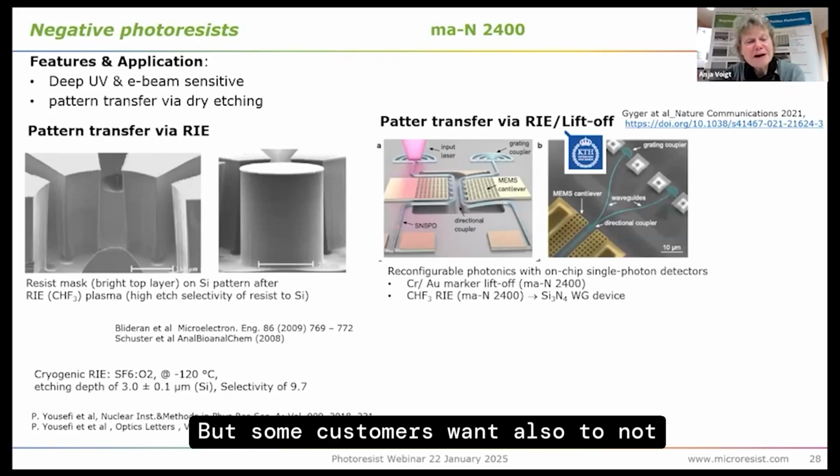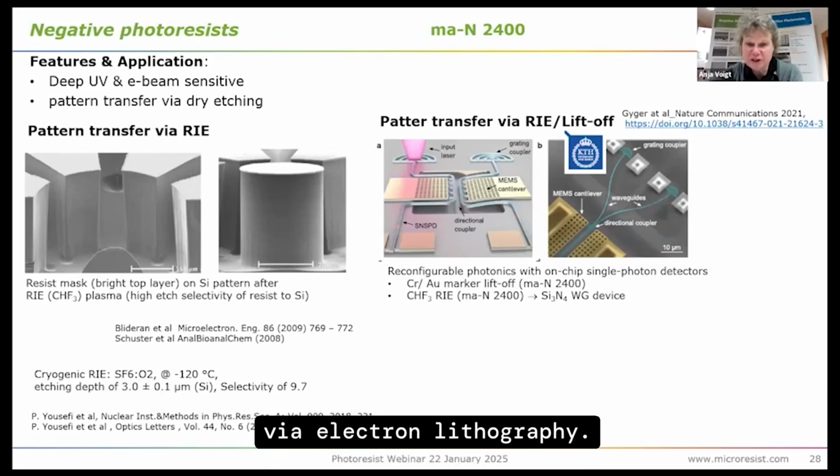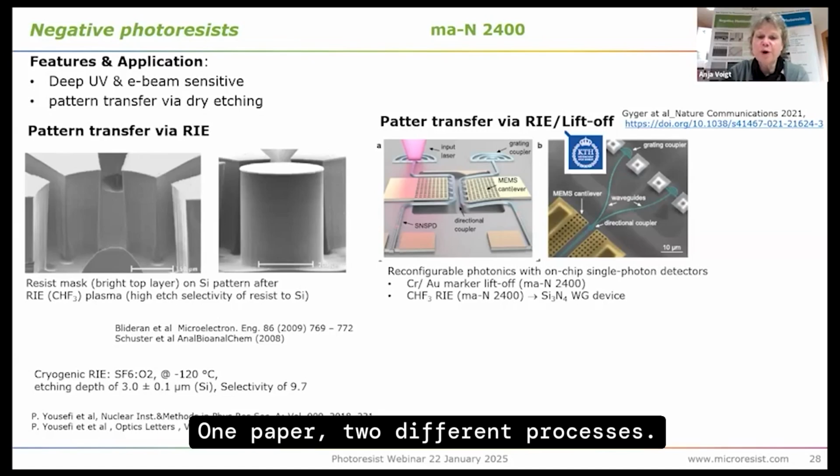But some customers want not only dry etching, they also want to do the lift off once they have generated the patterns via electron lithography. And here a paper is mentioned, an example given, where the same resist is used. One paper, two different processes.